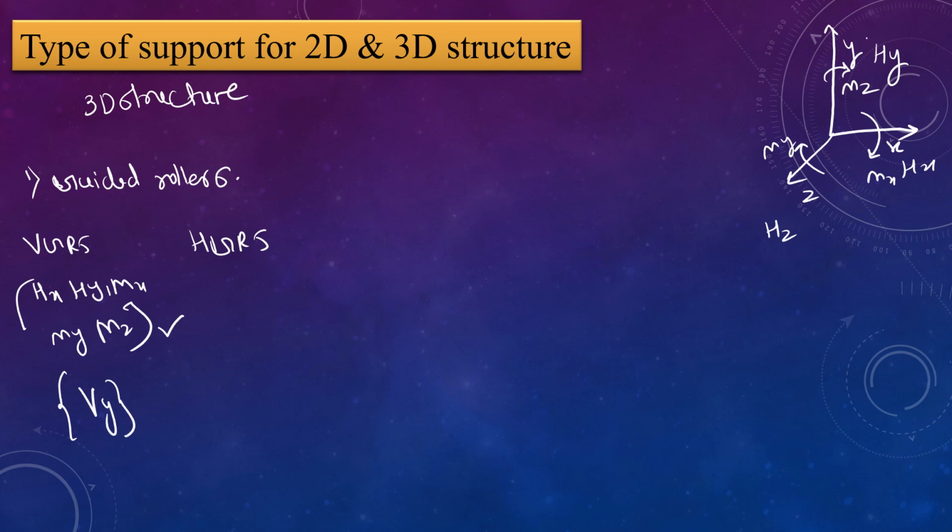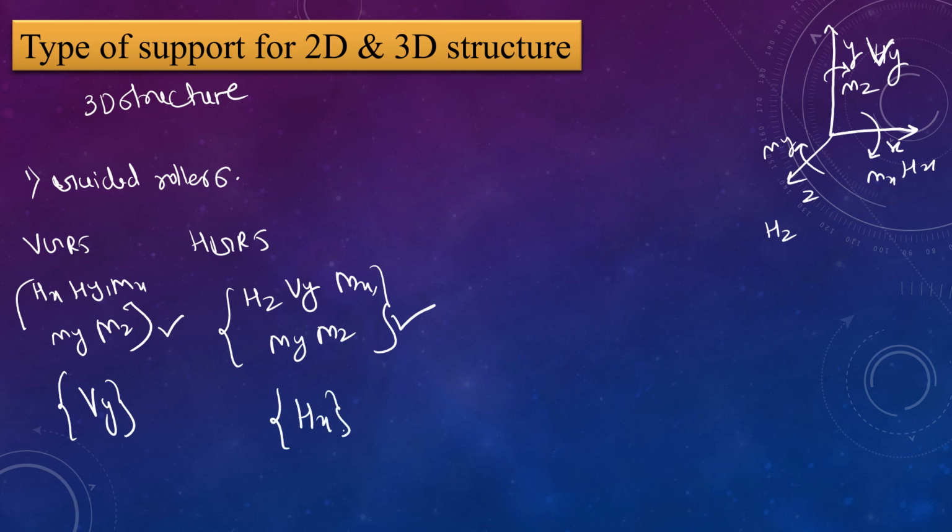So here, correct it to Vy. Then in the case of a horizontal guided roller support, the values allowed are Hz, Vy, then Mx, My and Mz. Here values are present, and the value which is not present is Hx, which is allowed in that direction.